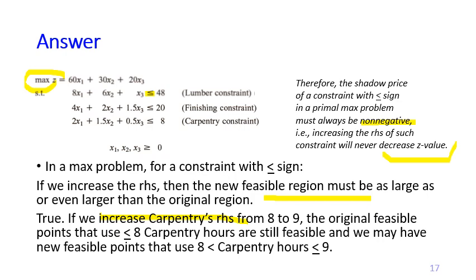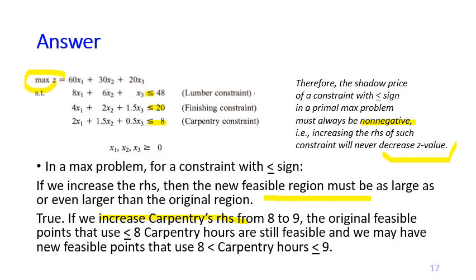If we have a feasible region that is the same or even larger, it means that our z-value in the maximization case must be at least the same or even larger. It cannot decrease because now you have more points in your feasible region, so it only makes sense that you have more options to get a better optimal point, right? So that's why the shadow price will never be negative. It means that increasing the right-hand side of these constraints will never decrease the z-value. At least the z-value is the same or it may even increase.